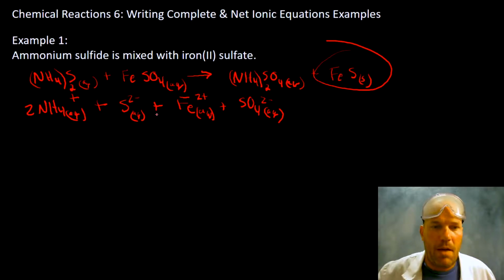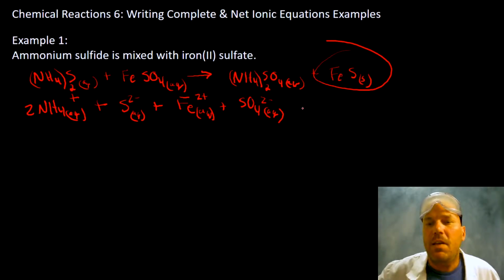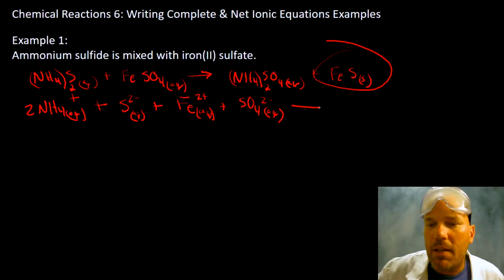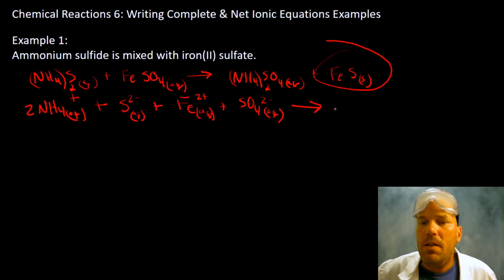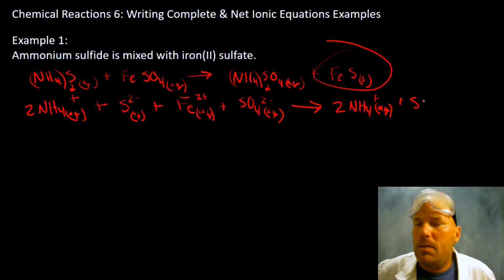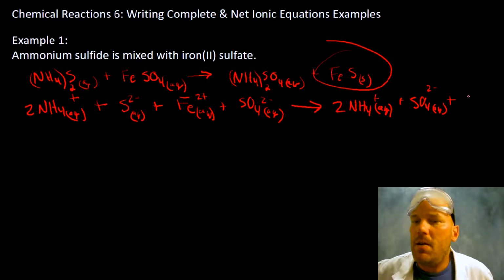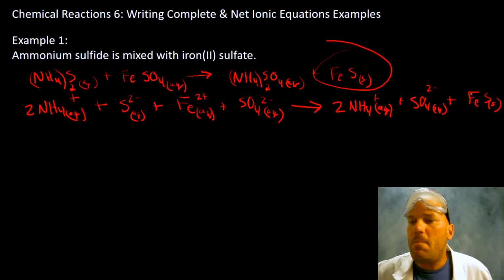All right, so we have all of our reactants dissociated, and that's going to yield 2 NH4 plus aqueous plus SO4 sulfate 2 minus aqueous. And now we get to leave our iron 2 sulfide in its solid form. We do not break this one up into its ions.